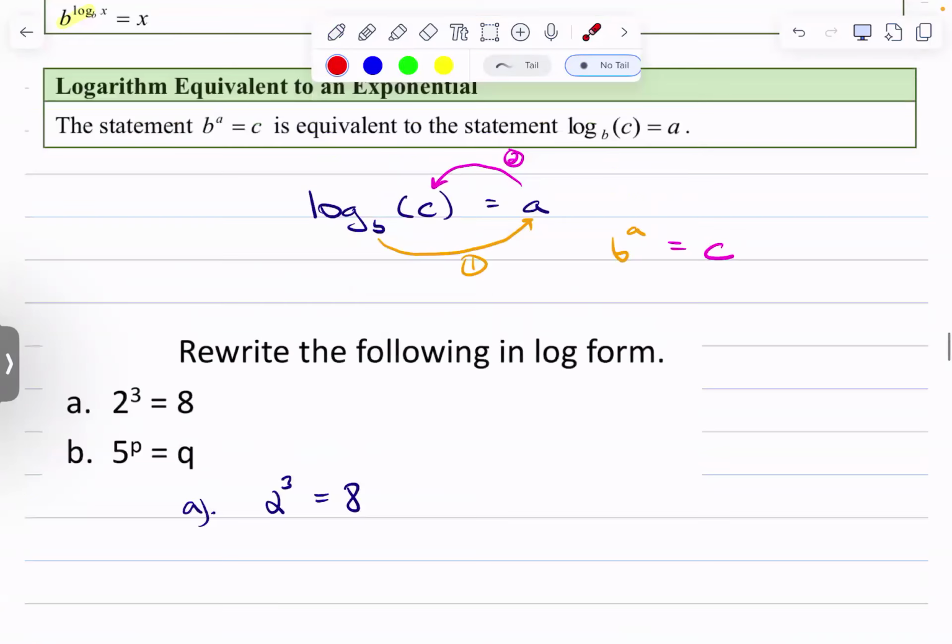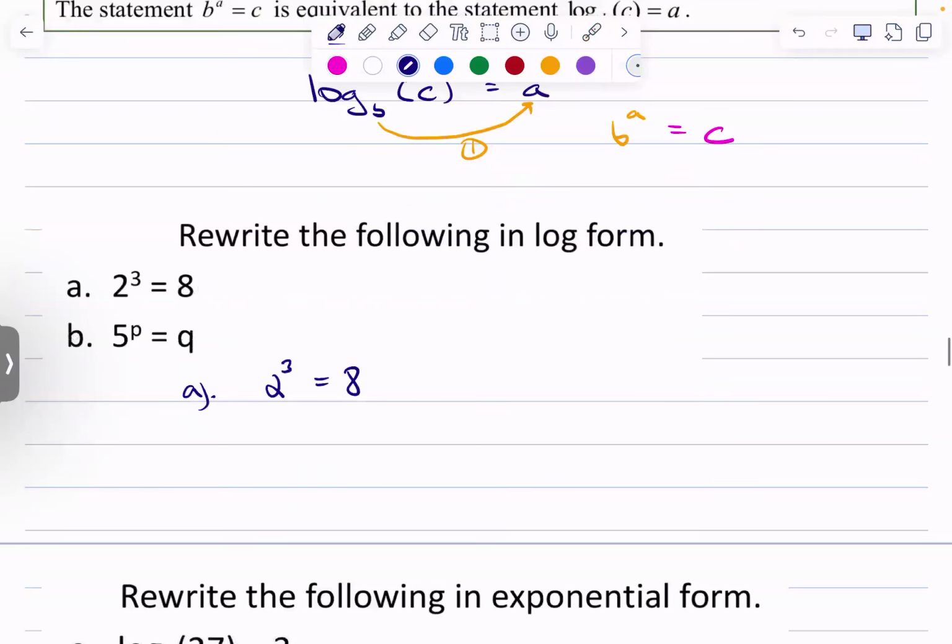Working from the general form b to the a is equal to c, now I have log base 2 of 8 is equal to 3. Log base 2 of 8 must be equal to 3.